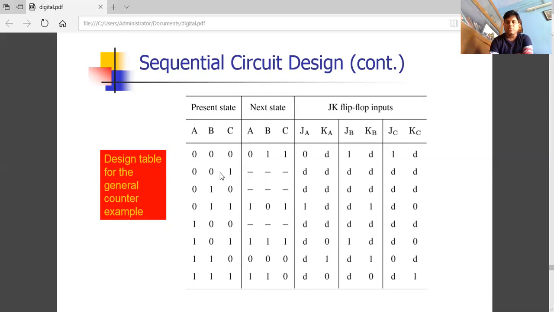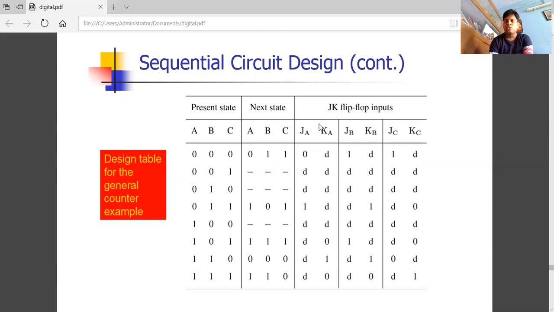So 1, 2 and 4 are missing, and in their rows the next state is dashes. We have to count 0 to 3, 3 to 5, 5 to 7, 7 to 6 and 6 to 0.